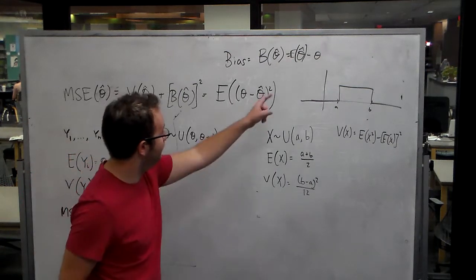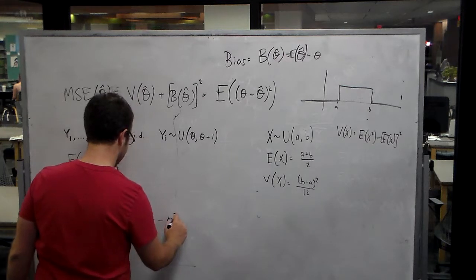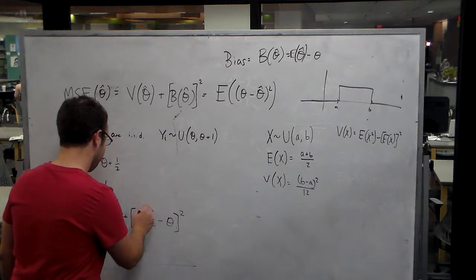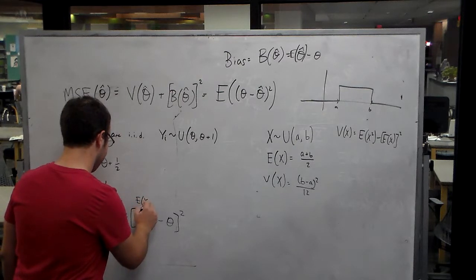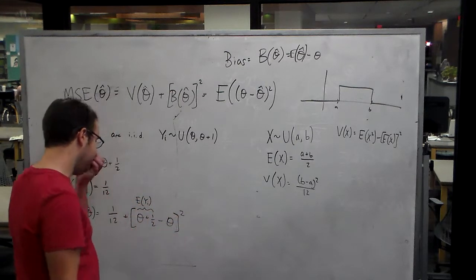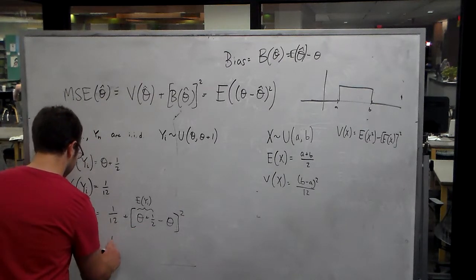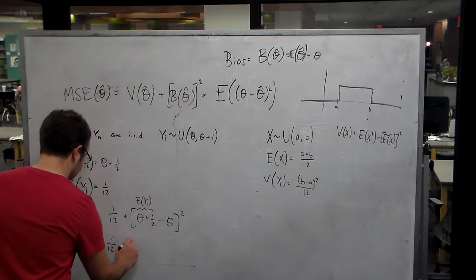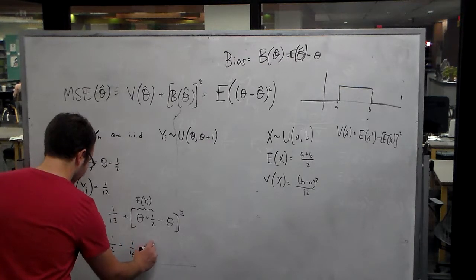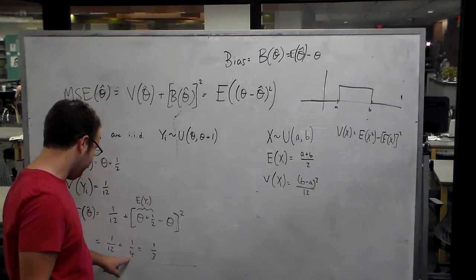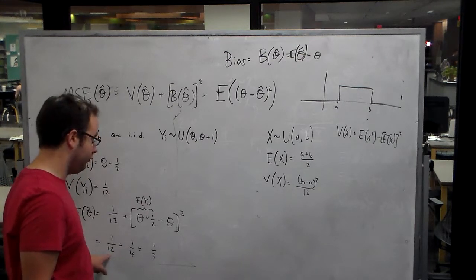But then minus theta, and we have to square this. Theta plus 1/2 minus theta is going to be 1/2, and 1/2 squared is 1/4. So this comes out to be 1/3, I think. 1/4 is 3/12 plus 1/12 is 4/12, which is 1/3.